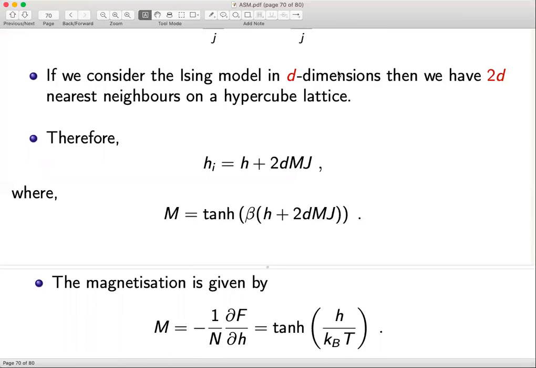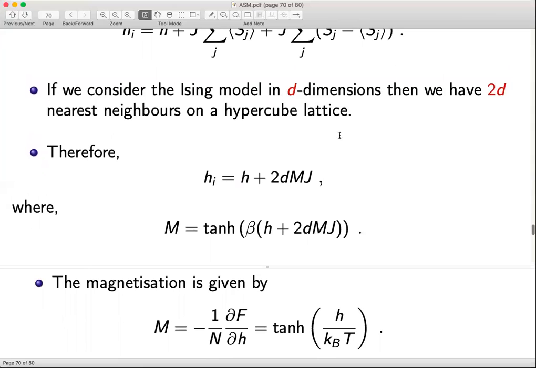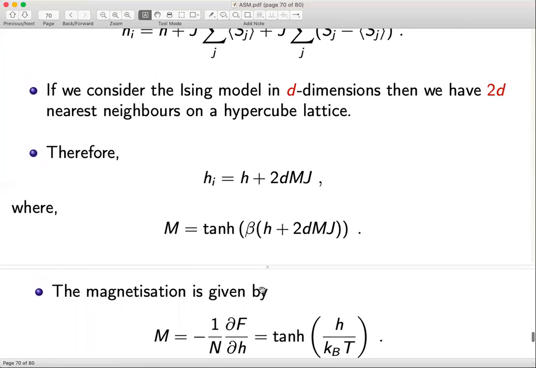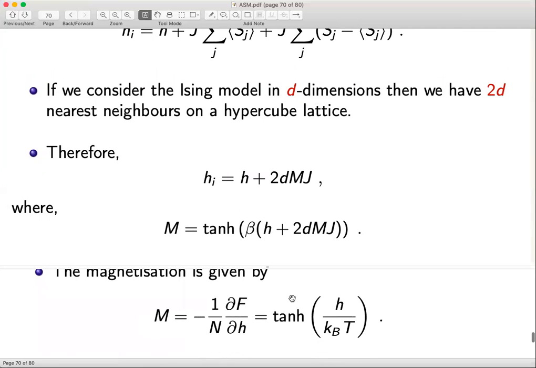Okay, so coming back to what we are looking at, the formula that we are going to use is the same as the magnetization formula that we used when we looked at only the external stimulus talking to the spins of the system, because in the mean field approximation, the effective mean field Hamiltonian looks pretty much the same, except that the magnetic field is not just the external magnetic field, but the external magnetic field plus some effective magnetic field.